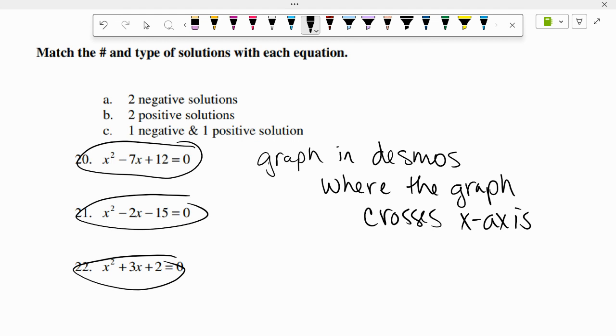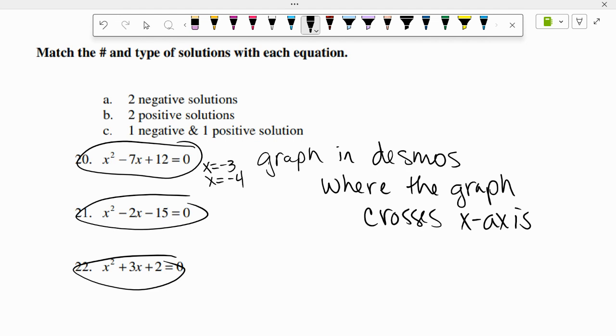I'm just going to put it into my table of values. So y equals x squared minus 7x plus 12. And when I go to my table, I'll be able to see I have a root at 3 and a root at 4. That's what that one is.